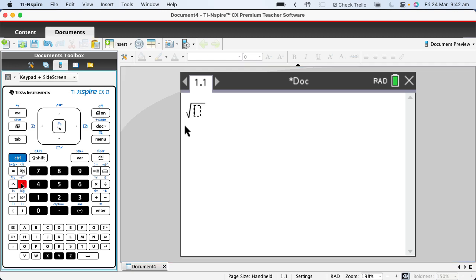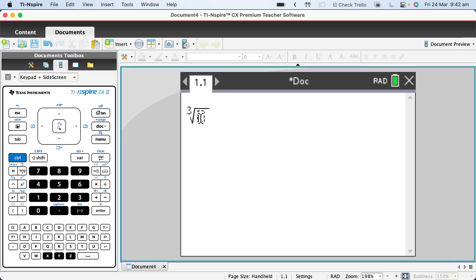So Control, oh no, not the right one, the one next to it. Control, root x, put in the 3 here, put in 125 here, and press enter. That will get you the cube root of 125 if you didn't know it.